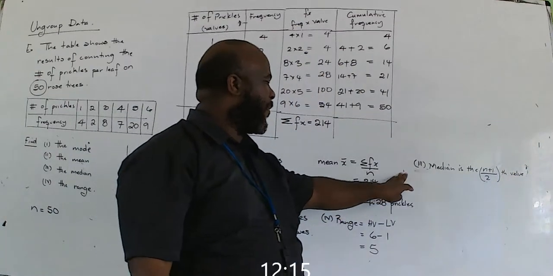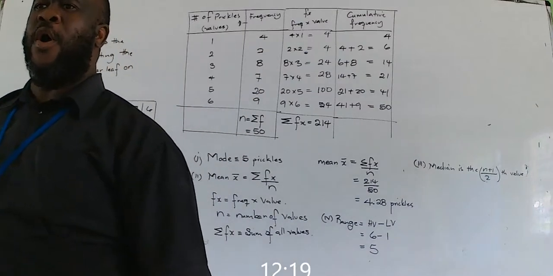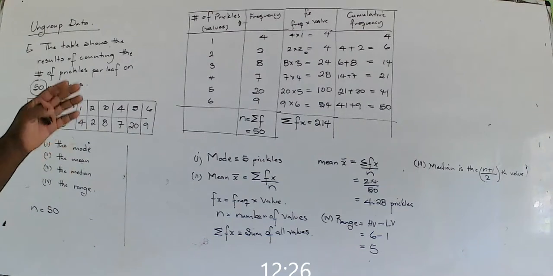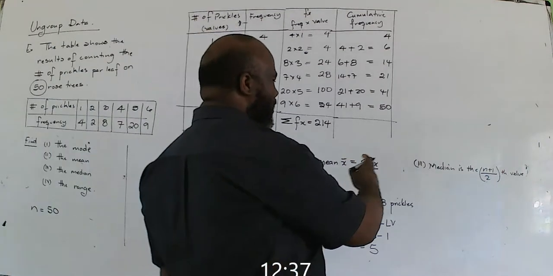Now you see this formula? This formula does not tell you what the median is, it tells you where to find the median. It tells you which value is the median. Now there are 50 values. 50 is an even number, isn't it? So you have to add up the two middle values and divide by 2.